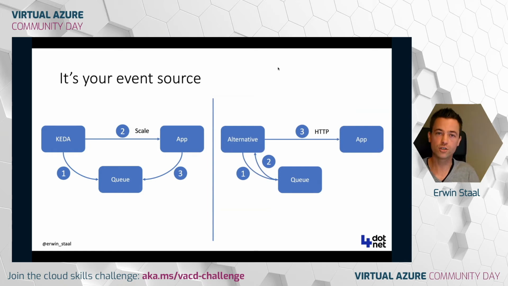There are alternatives in the market to KEDA to do scaling on Kubernetes and scaling of serverless functions, for example. They do it a bit differently. They do grab the data from the queue and then actually also pass that data into your application. And that's mostly done via HTTP. So the benefit of that second approach is that your application doesn't need to know anything anymore about the actual underlying event source.